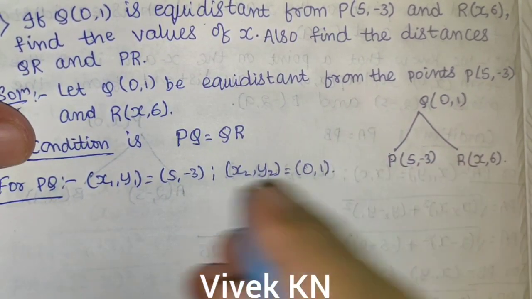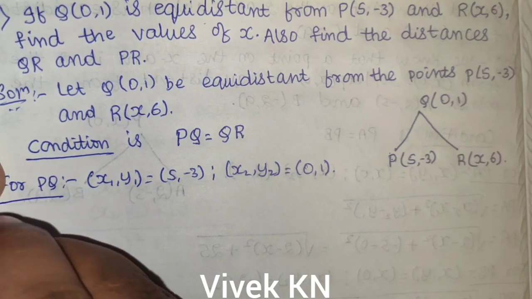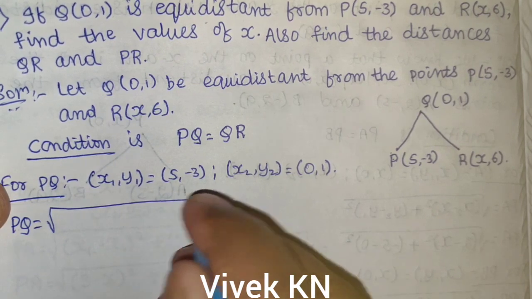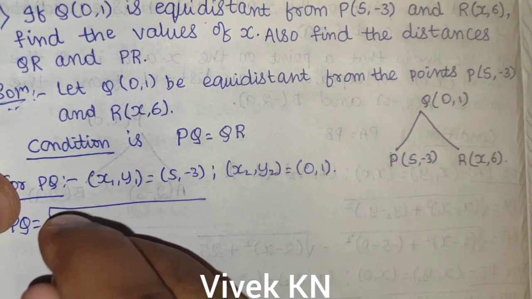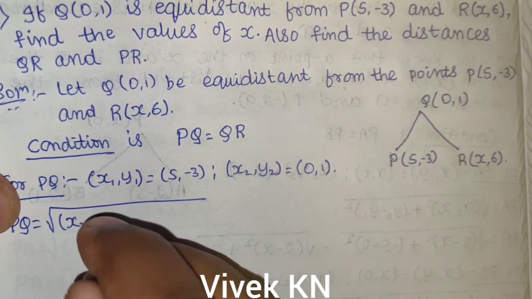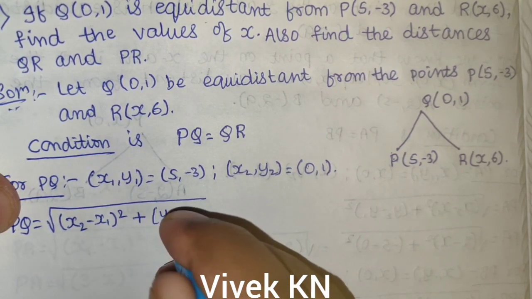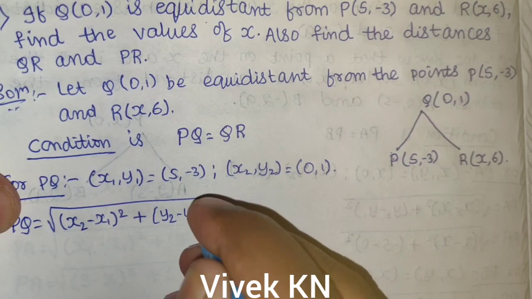Now let us find the distance between the points P and Q by using distance formula, which is given by under root of x2 minus x1 whole square plus y2 minus y1 whole square.